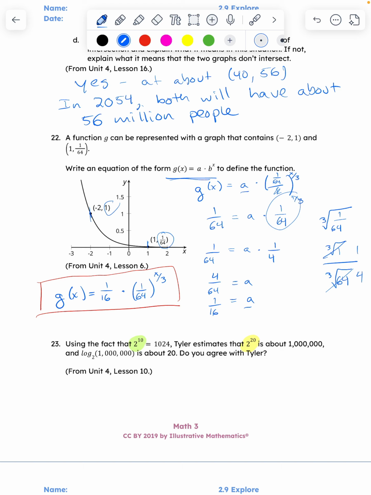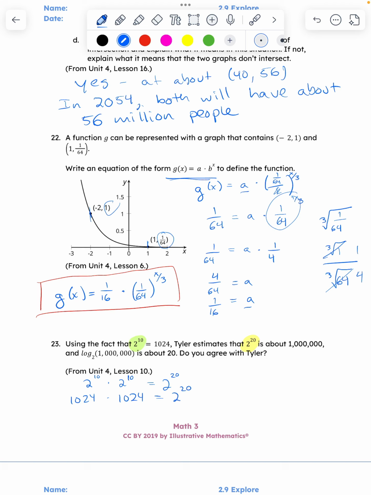I know from my exponent rules that 2 to the 10th times 2 to the 10th is 2 to the 20th, because when I multiply two things with the same base, I add the exponents. Okay. So then I can say that 1024 times 1024 is 2 to the 20th.